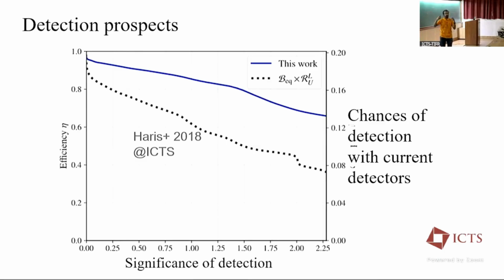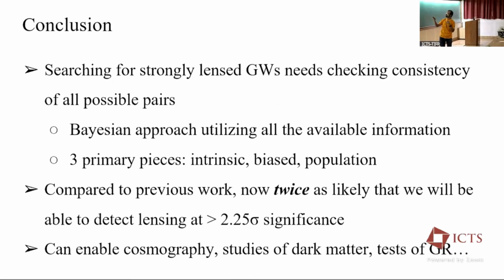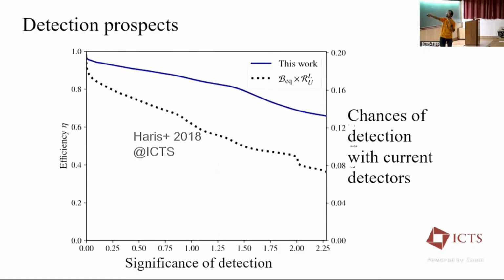We will find everything at no significance because, well, that's how it goes, right? And the higher the significance you want, the less likely you are to detect that thing, because noise makes things appear less significant. The more significance you want, the less efficient you will be.